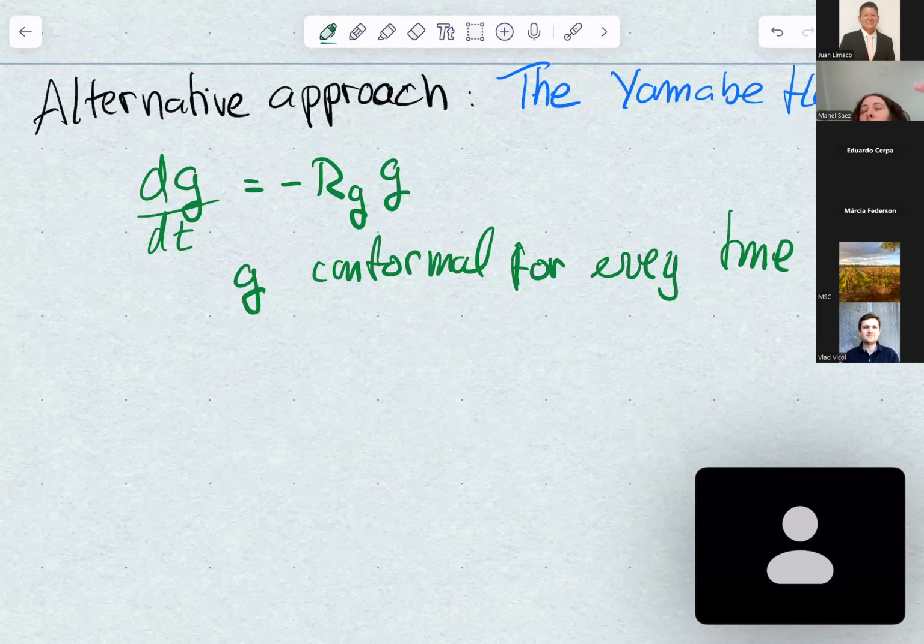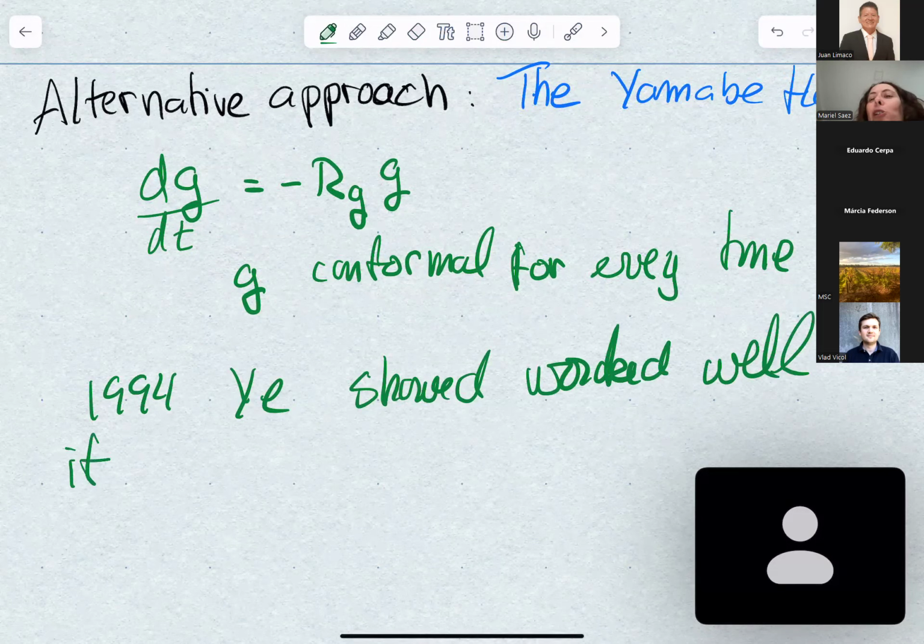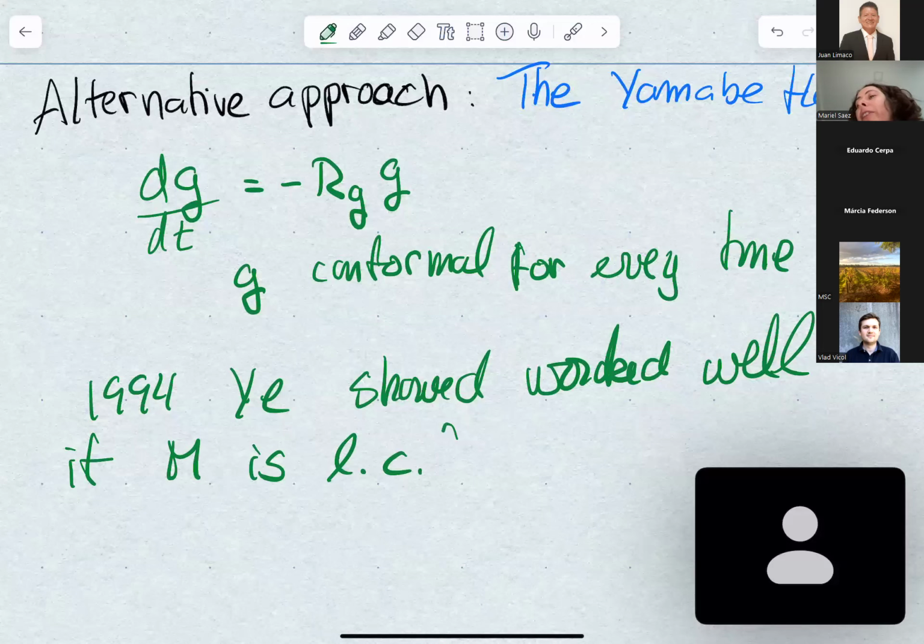This problem, in the context of the case before, was studied in 1994, I think, by Ye, who showed that this worked well in the difficult case, if M is locally conformally flat. That was the difficult case before, the one where M is locally conformal to a sphere. But for the general case, this turned out to be much more difficult.